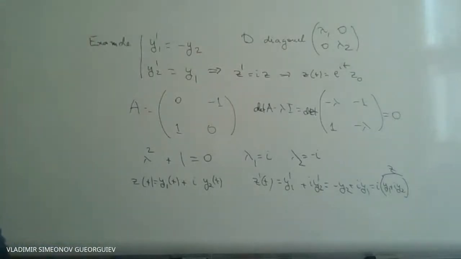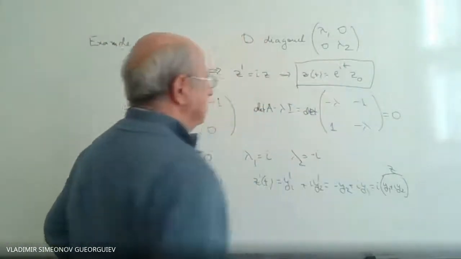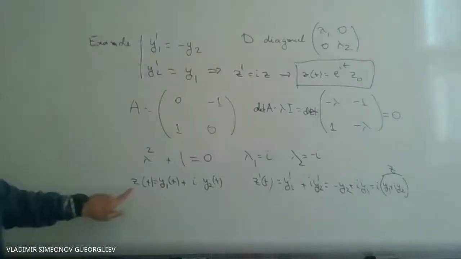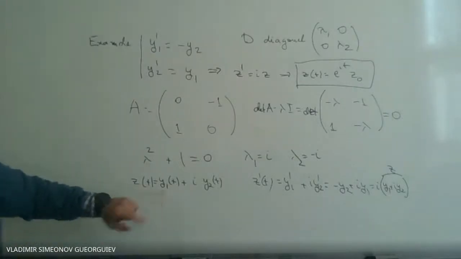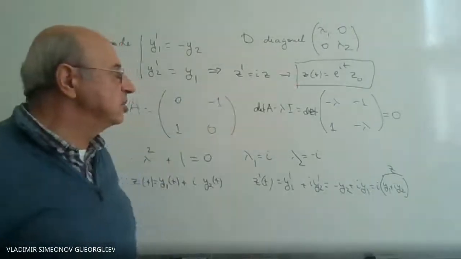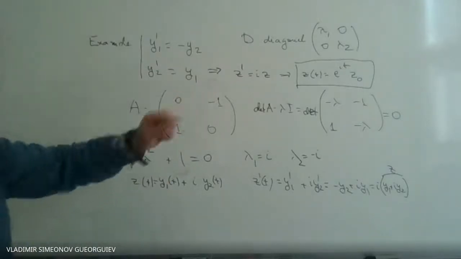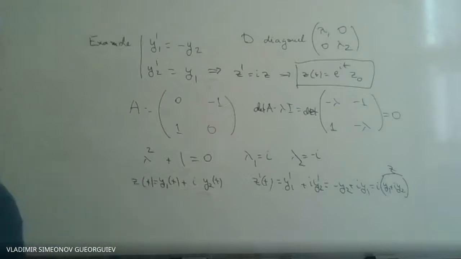And now we are ready to build the picture, because our zeta already is known. It is defined with this relation. And what is epsilon1? The real part of zeta. What is epsilon2?